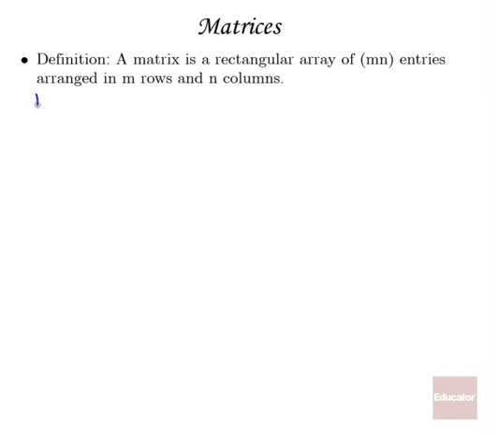If m equals n, if the number of rows equals the number of columns, we call it a square matrix.